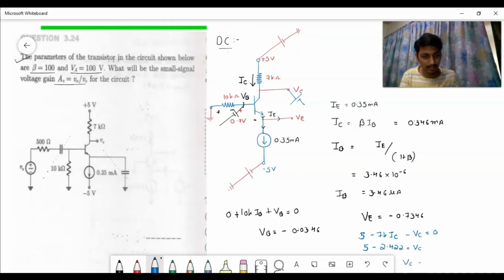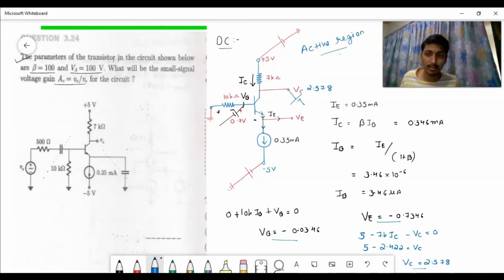So VC comes out positive. We can easily see here 2.578, so the circuit is in active region.